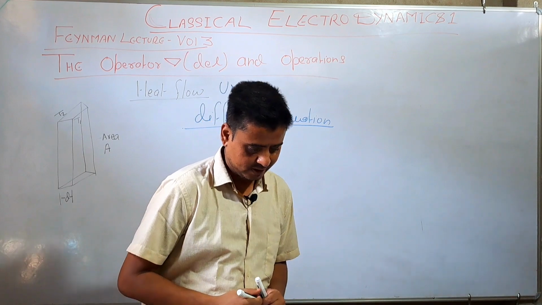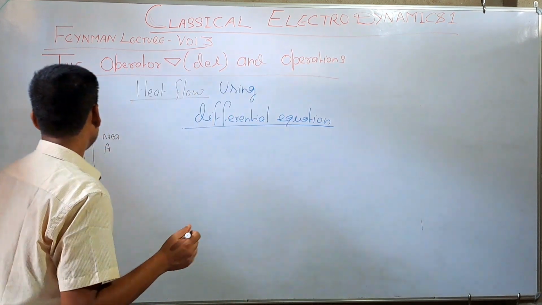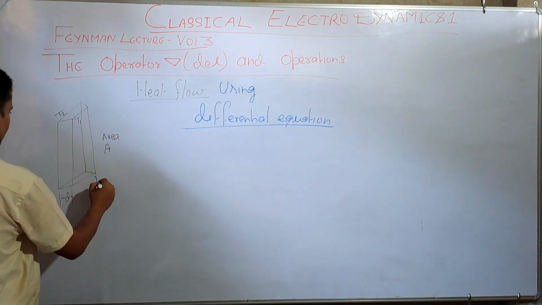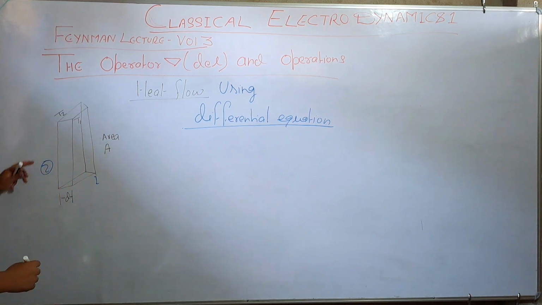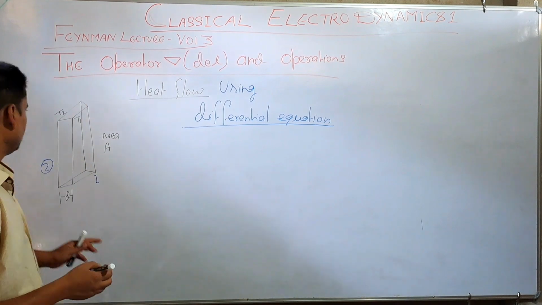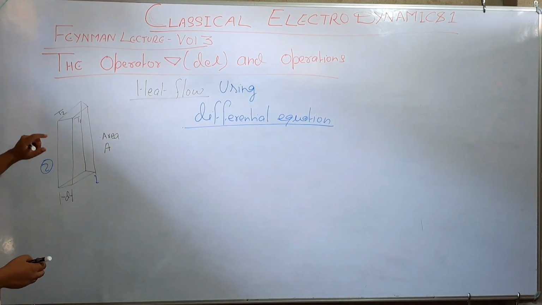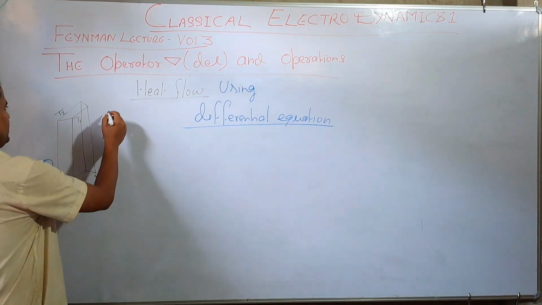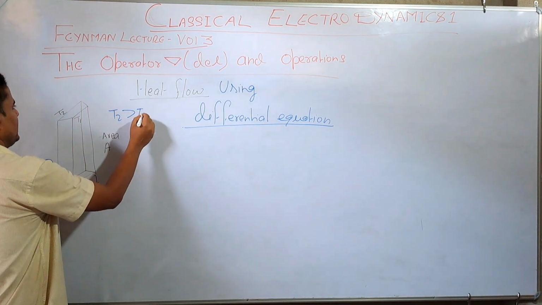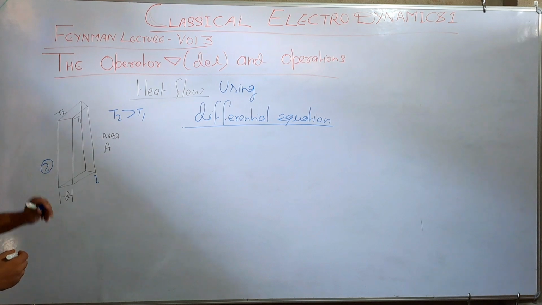Suppose there is a slab which has two faces, face 1 and face 2. This slab has two surfaces, and surface 1 has temperature T2 and surface 2 has temperature T1, and T2 is higher than T1. It means heat can flow from T2 to T1.